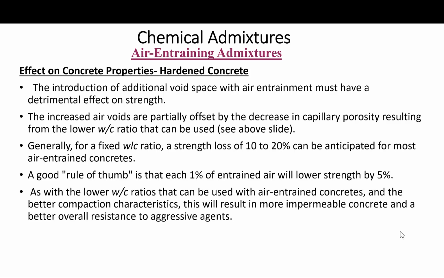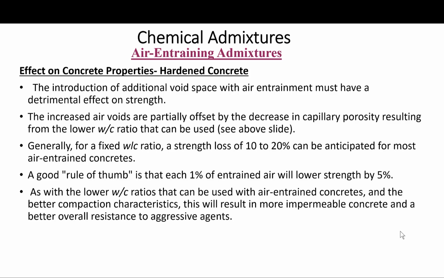In such cases, the higher air contents needed for good frost protection may allow expected strength decreases to be entirely offset by the decreases in water cement ratio. So one thing makes up for another.